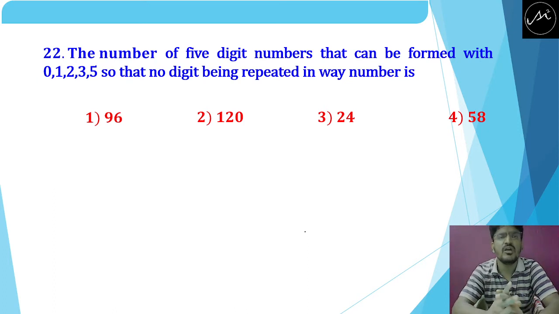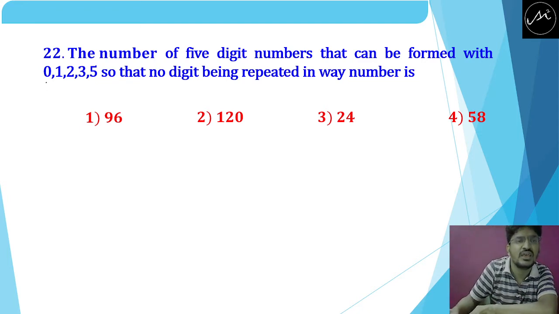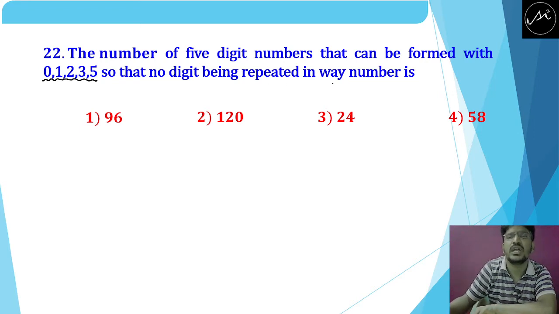Okay, the number of 5-digit numbers that can be formed with 0, 1, 2, 3, 5, so that no digit is being repeated in any way.